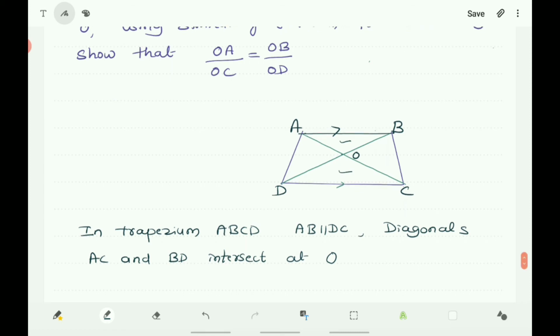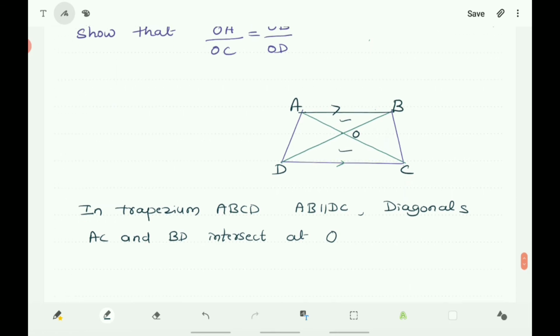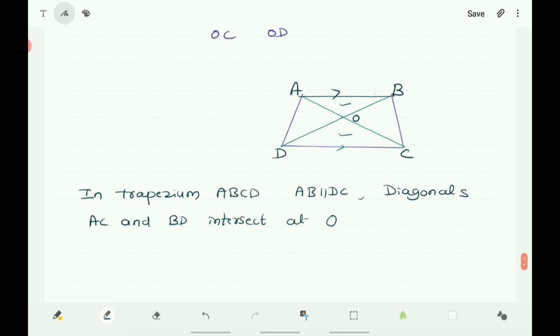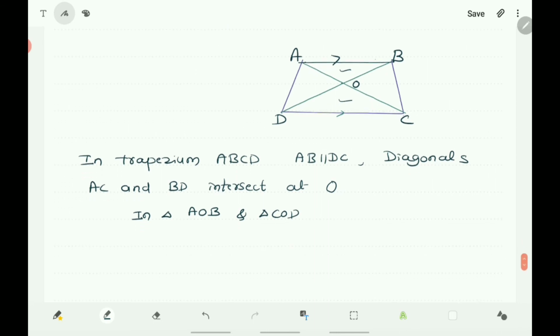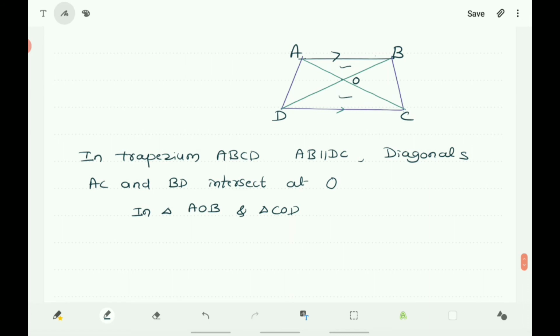So first you prove that they are similar by proving that the two triangles are equiangular. So you write the names of the two triangles: in triangle AOB and triangle COD.